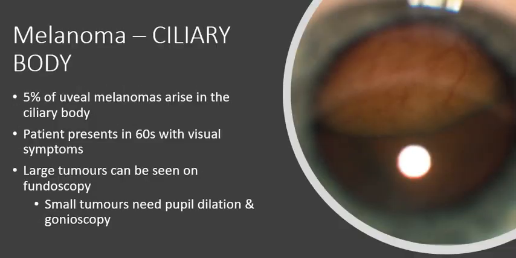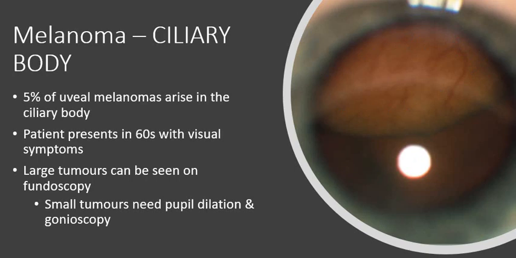This melanoma here is found in the ciliary body, and you can see it on the image here. We've got the iris in blue, and you're looking through the pupil, and you can see the melanoma just there, this yellowy orange colored structure, and it's sitting in the ciliary body.